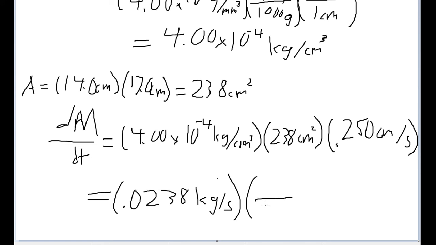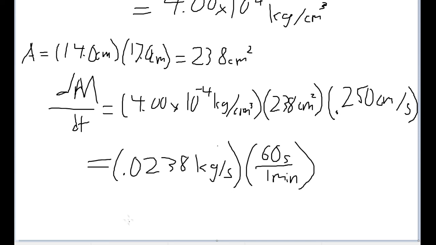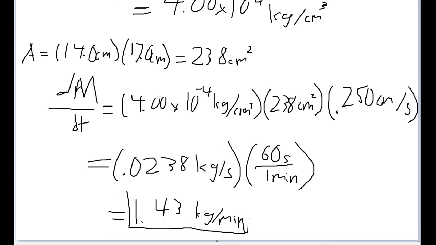That is 60 seconds in a minute. So that is 60 seconds on the top, divided by 1 minute. And we get a final answer in the proper units of 1.43 kilograms per minute. And that is the rate of change of the mass of candies in this container.